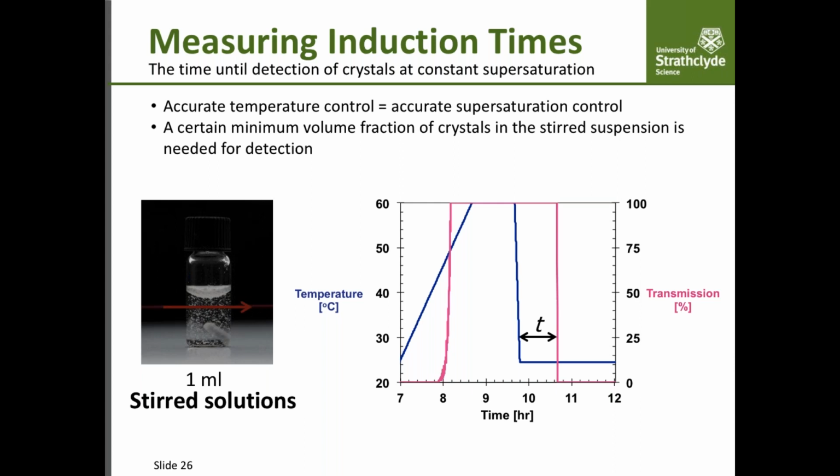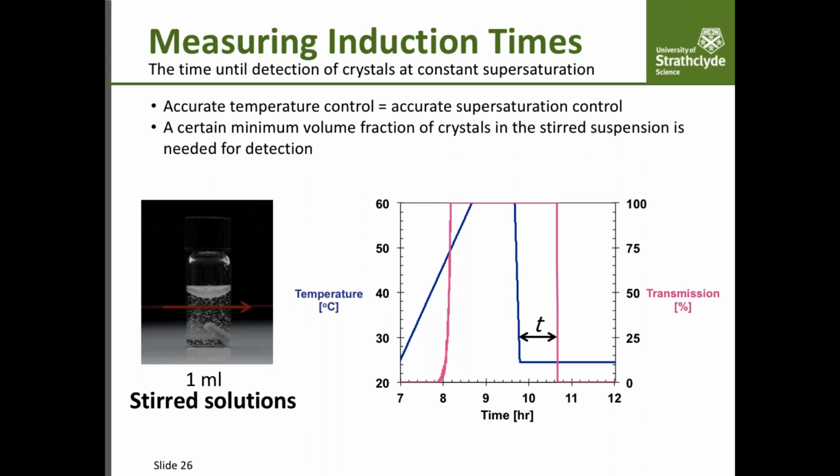And then we crash cool to 25 degrees. So just before 10 hours we arrive at that temperature. And then we stay at 25 degrees to record the time it takes until we see crystals.